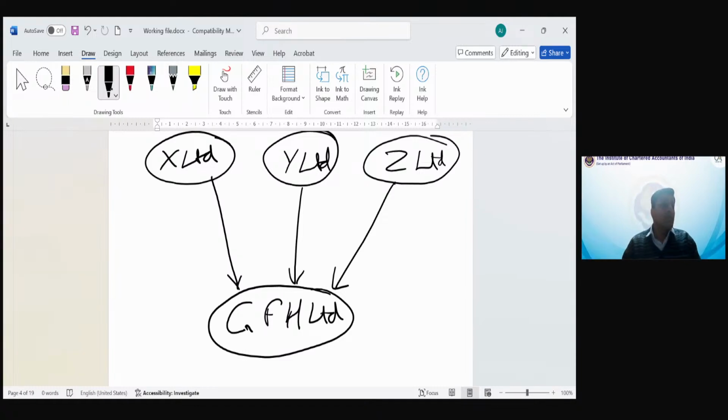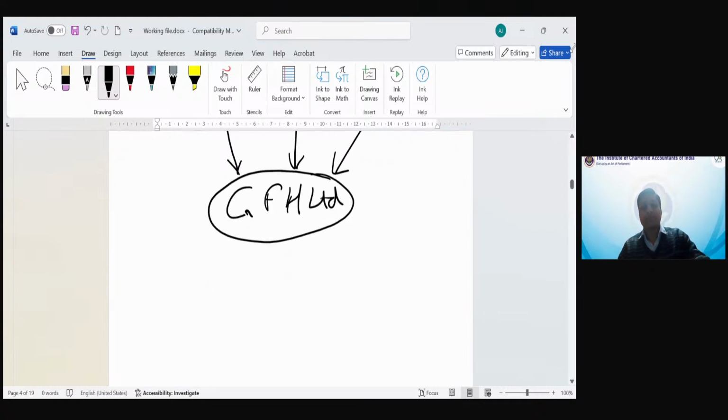Tell me. Kasak says yes. Why? Because all the three conditions are fulfilled. Do we have two or more? Yes. Is there any agreement? Yes. And is there a joint control? Yes. So all the three conditions are fulfilled.